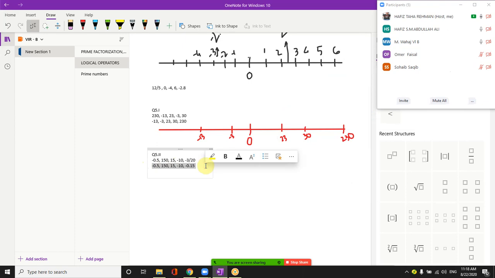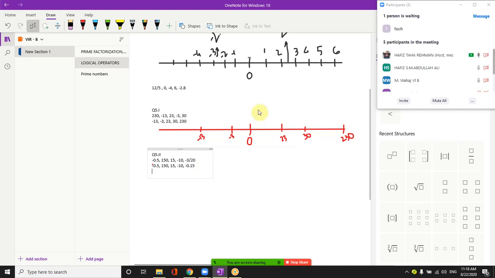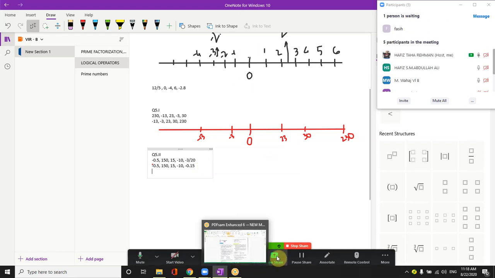Bahaj, you need to arrange these values in ascending order. Ascending order means you need to arrange these numbers starting from the smallest value. So which value is the smallest among these numbers? I'm not working on 13, that was the last question.